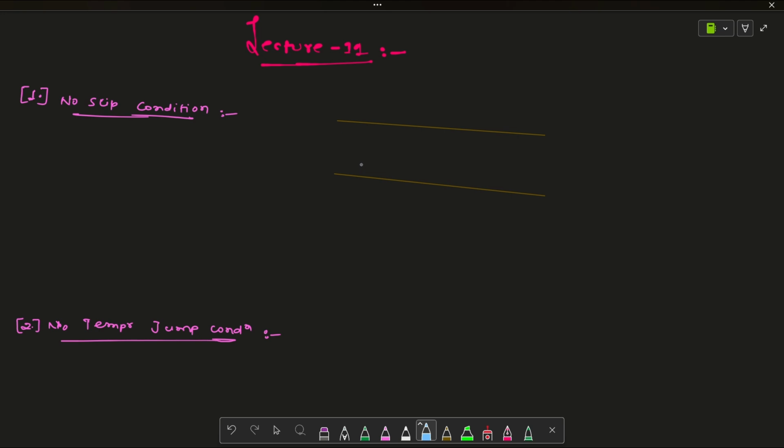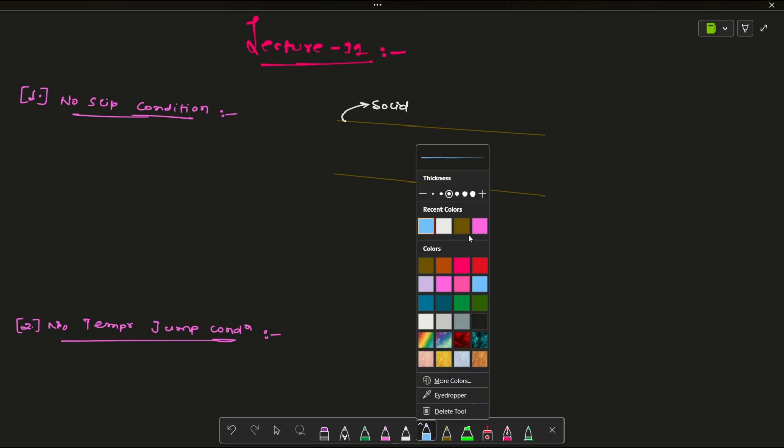And this brown line is the pipe wall. These brown lines are solid, right? I mean the pipe wall, either made of metal or concrete, or anything. That doesn't matter to us. We will just take it as a solid. This is not fluid. So now a fluid is flowing over there.